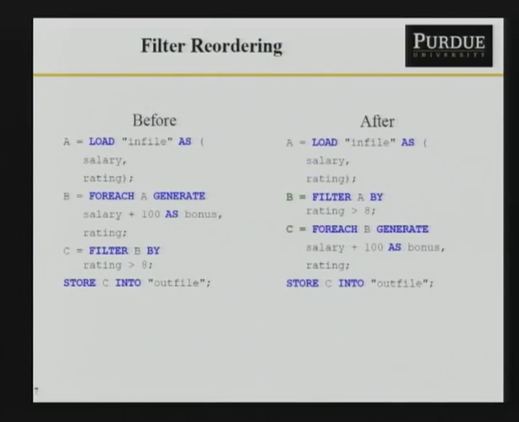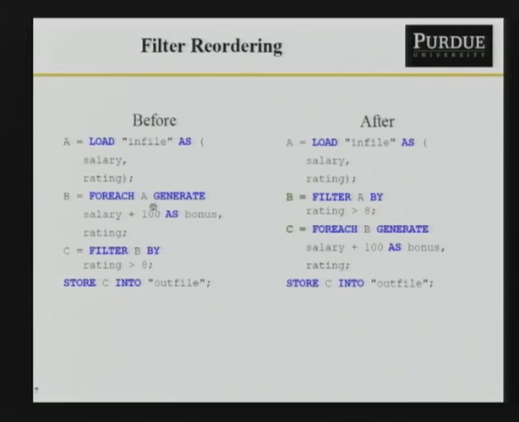Okay. So next optimization. This is very similar to the operation reordering, which I mentioned already, but it doesn't try to reduce the number of re-encryptions, but rather it tries to reduce the volume of your data you perform operations over. So what do we have here? We have a file that contains a salary and a rating of an employee, perhaps.